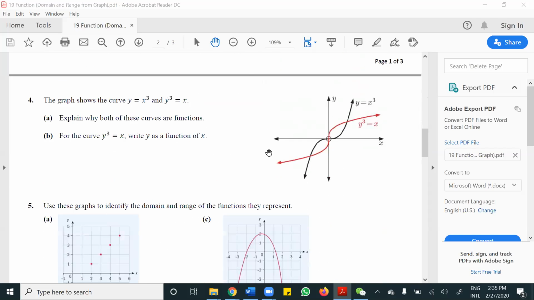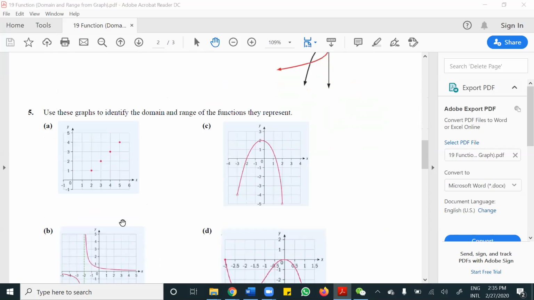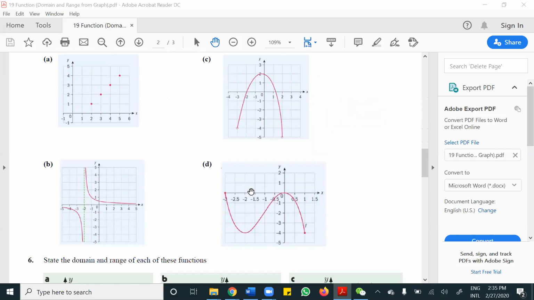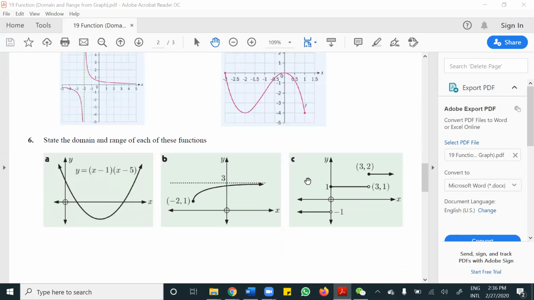Then Callista, you take 5A. Krista, you take 5B. Ethan, you take 5C. Krista K, you take 5D. Let's see. Leo, you take 6A.